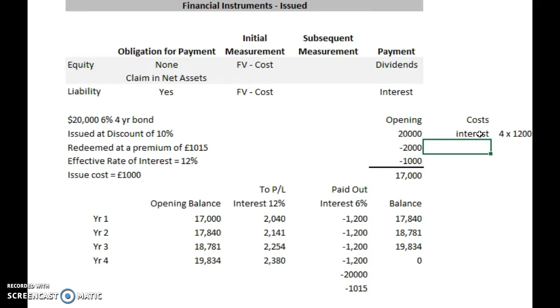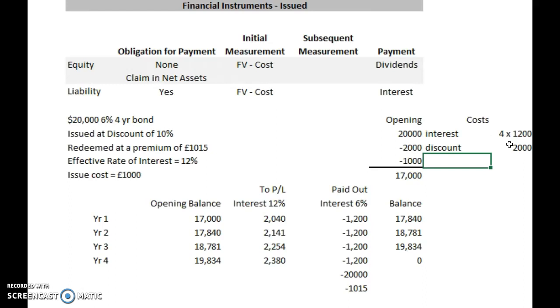We've paid at a discount, so there's a discount price to pay. And the discount was 10% of 20,000, so that's 2,000.